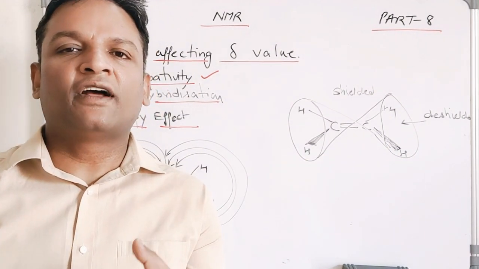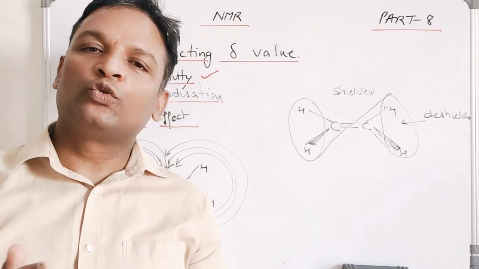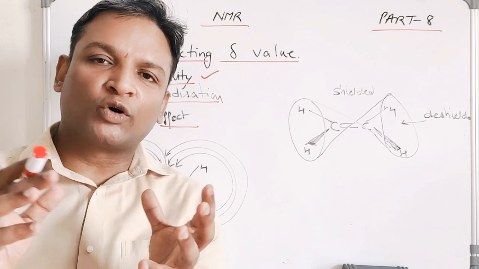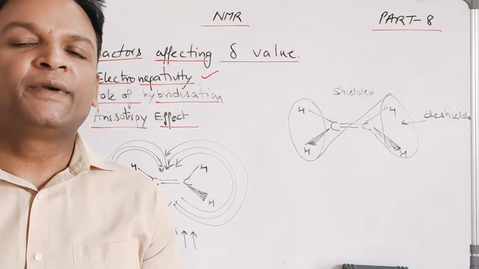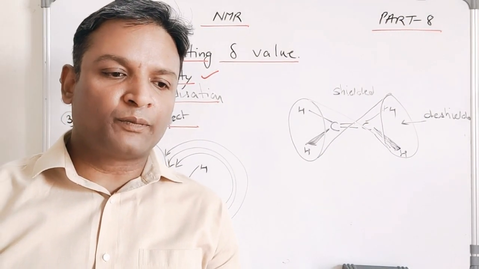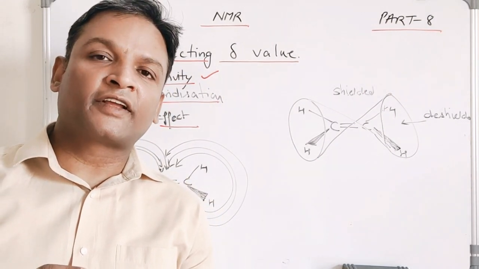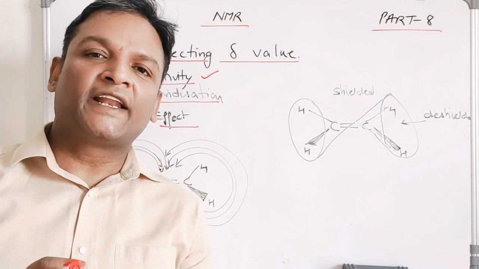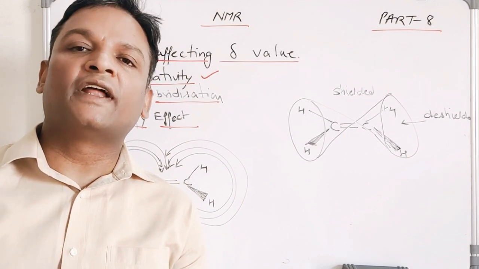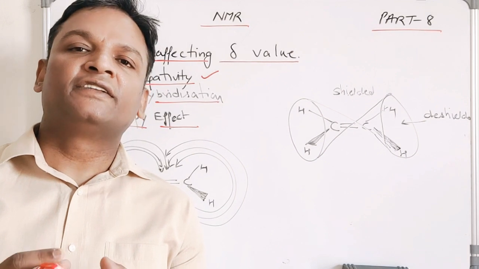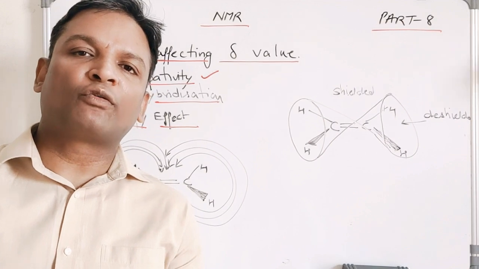When they circulate, they generate a secondary magnetic field, and this secondary magnetic field generates two types of environment around the whole molecule.